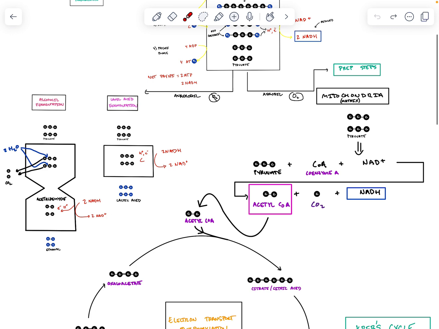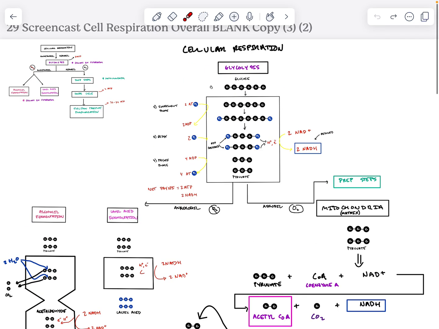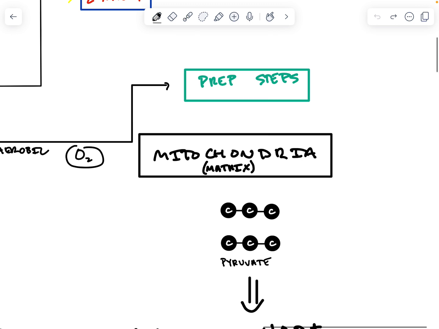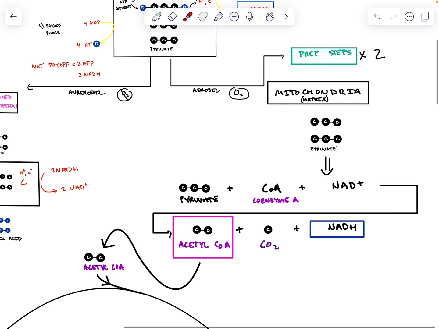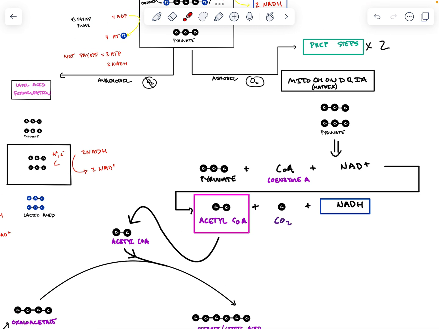But bear in mind, glycolysis involves breaking up one 6-carbon molecule, glucose, and creating 2 pyruvate molecules. So the prep steps happen twice. So for every molecule of glucose, 2 pyruvates are created, and every pyruvate goes through the prep steps. So the prep steps happen twice per molecule of glucose.